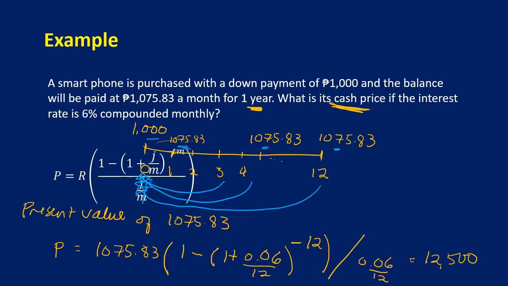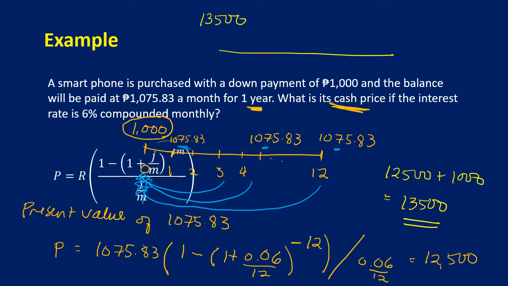But remember that at that time, you paid 1,000 as down payment. So therefore, what is the cash price? The answer is 12,500 plus your 1,000, which is 13,500. Is that clear? So meaning to say, the original price was 13,500, but you already paid 1,000 here, right?